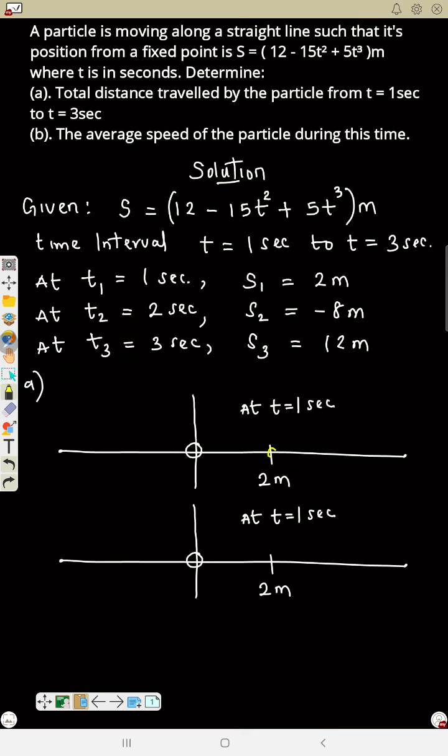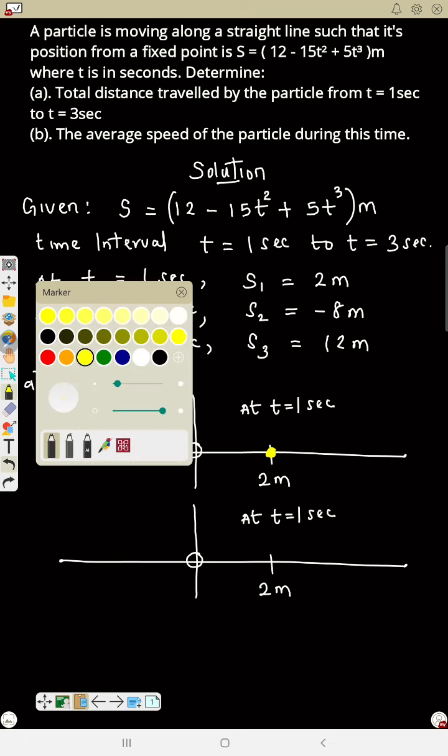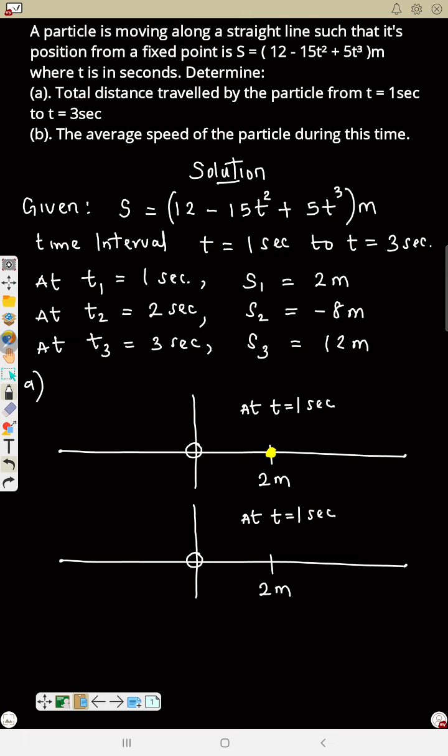Then at t equals 2 seconds, the particle is at minus 8. Remember, this side is positive, while this side is negative. Now at t equals 2 seconds, the particle is at negative 8 meters.